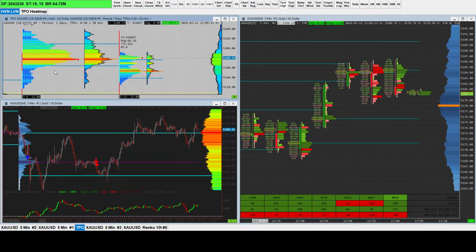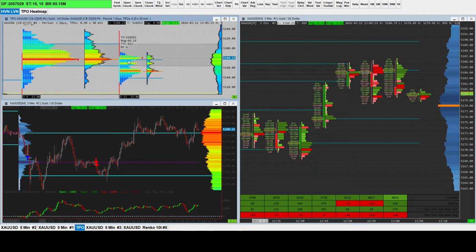Now we have a composite profile. Here's the composite profile, and we're trading within the POC of that composite profile. This is very highly likely. The high of the composite profile is very highly likely.